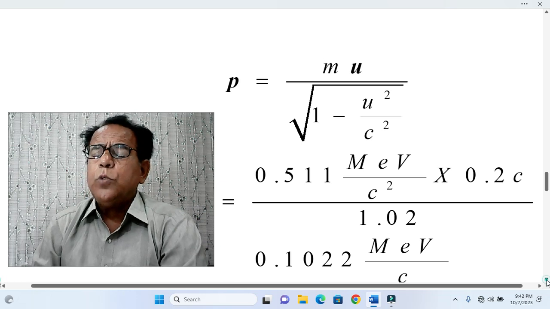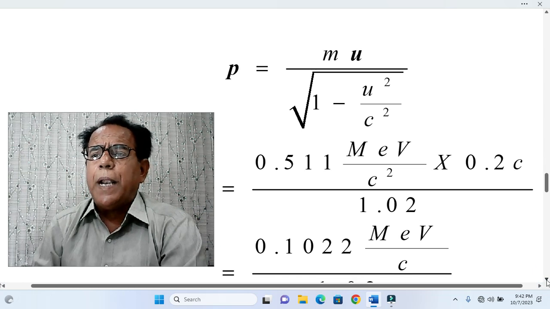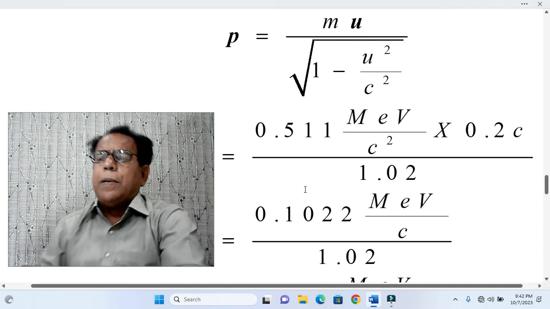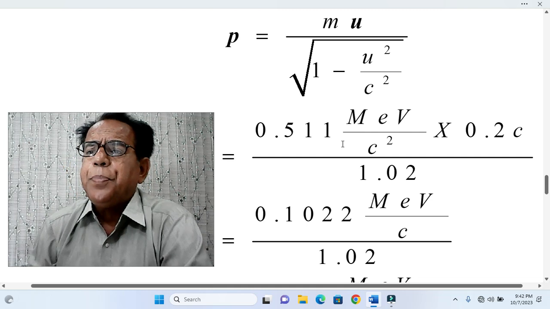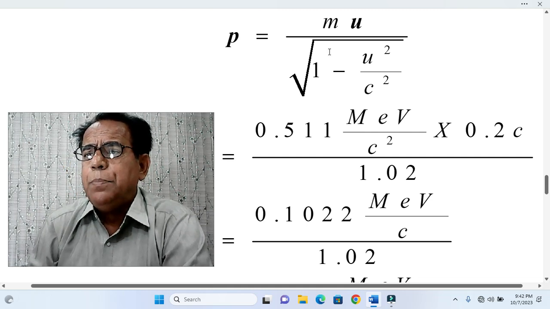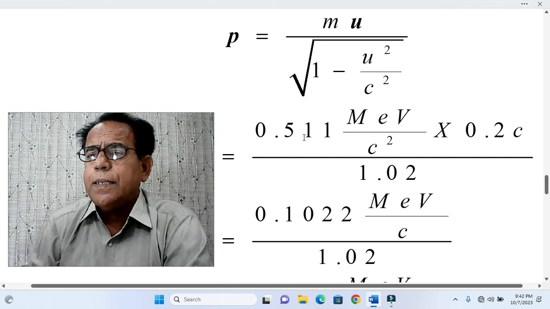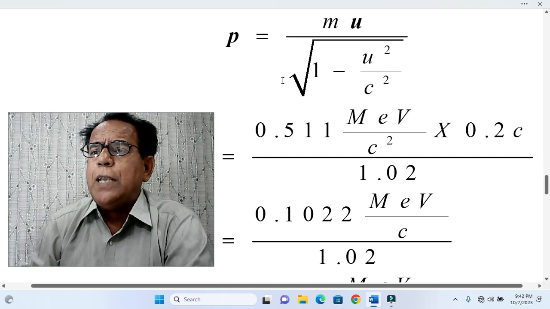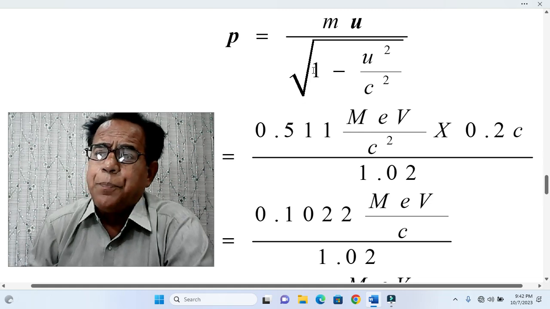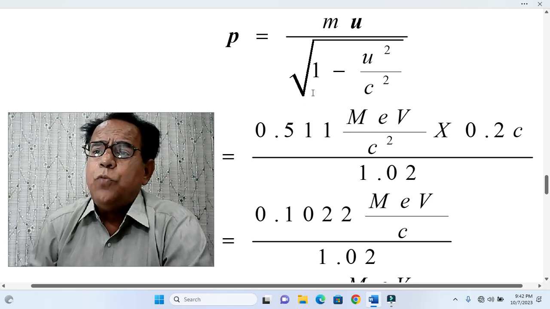Now we are going to find the value of momentum P. Momentum P is equal to mu over the square root of 1 minus u square over c square. Here the value of m is this. Actually, dear students, the value of mc square is given in the statement, and from that we have taken the value of m.